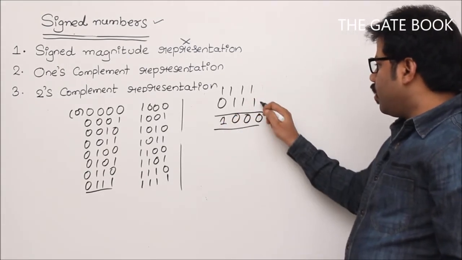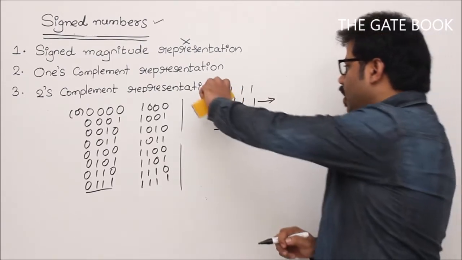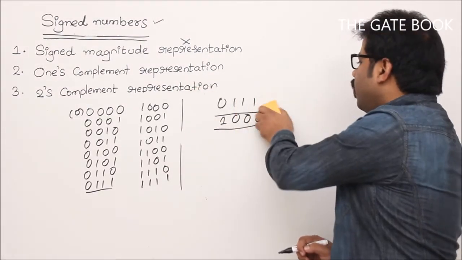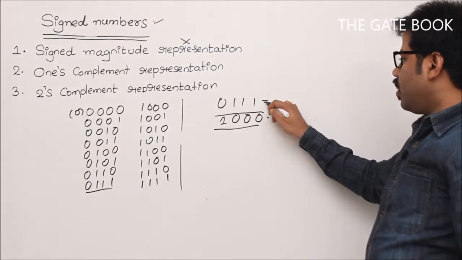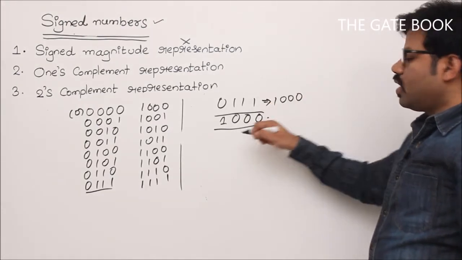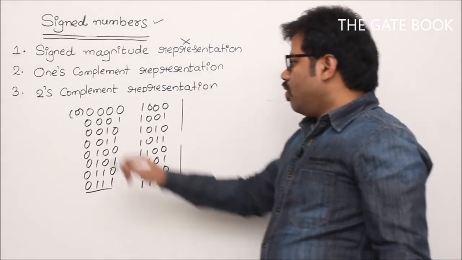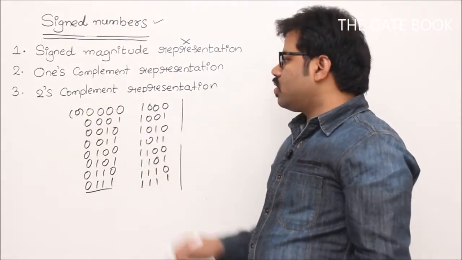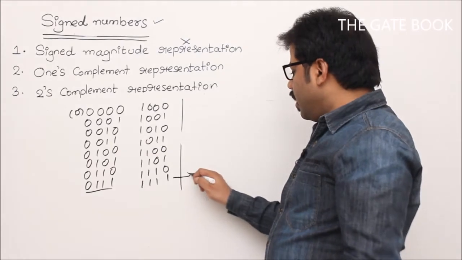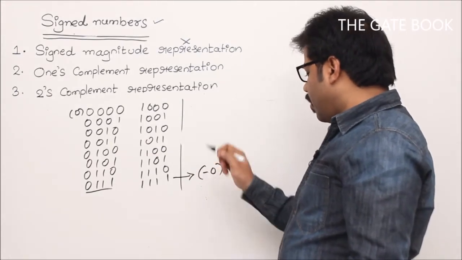This is exactly equivalent to the bitwise complement of 0 1 1, which is 1 0 0. Both are the same. That's why from now onwards, let us use this shortcut. Now, what is the 1's complement of all 4 zeros? Four 1's, right? That will be represented as minus 0 from now onwards.